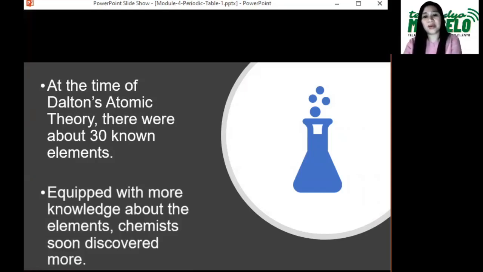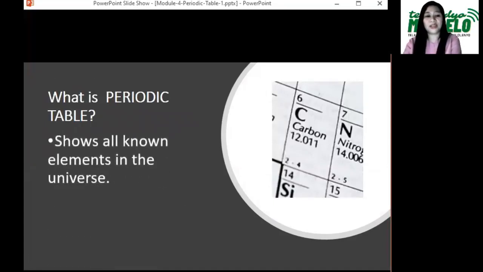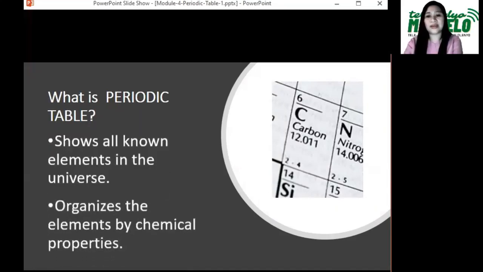Can you describe how does it look like, or what can you see on the periodic table? Very good. All of the elements in the universe is shown on the periodic table. The elements are also organized based on its chemical properties.